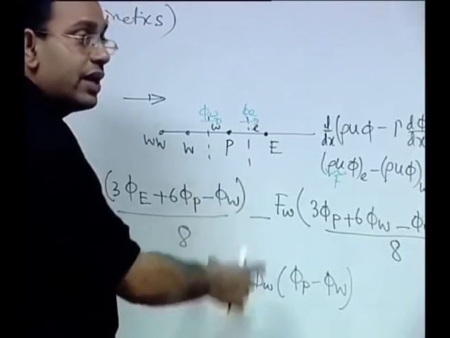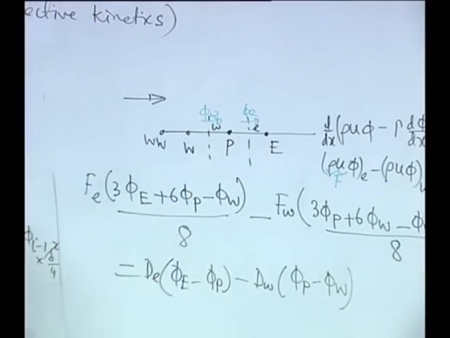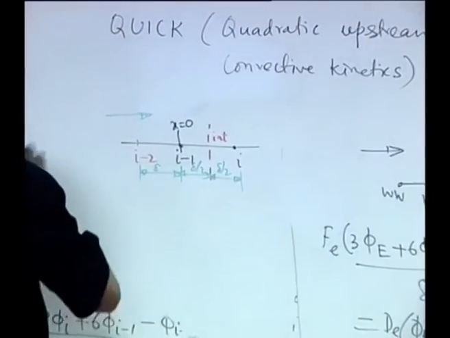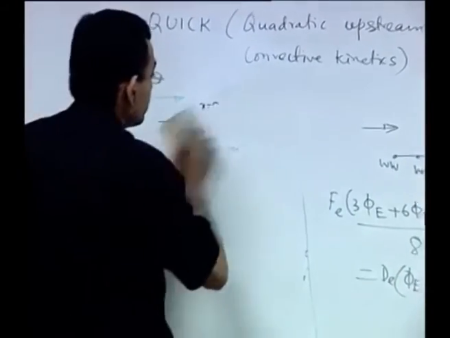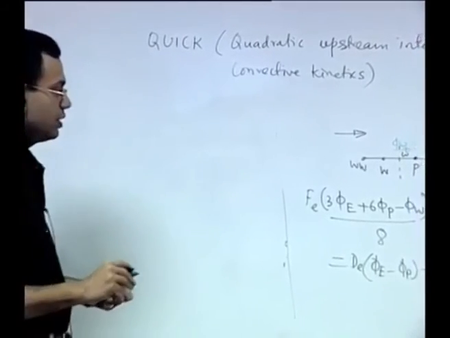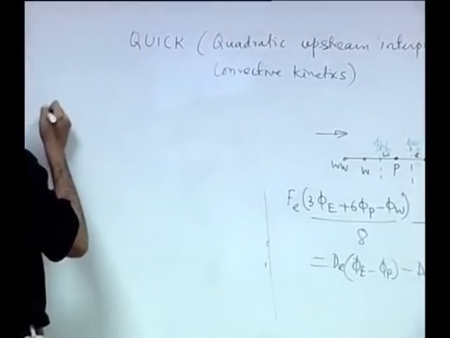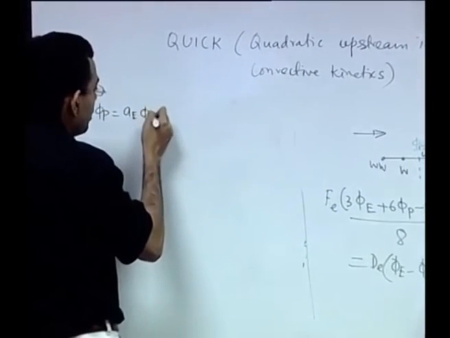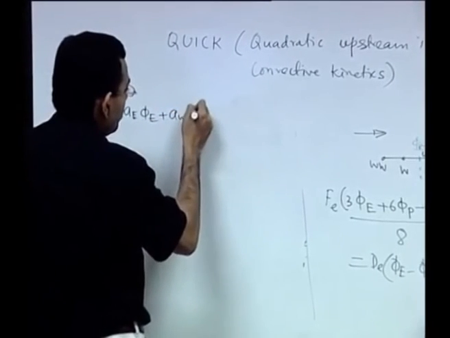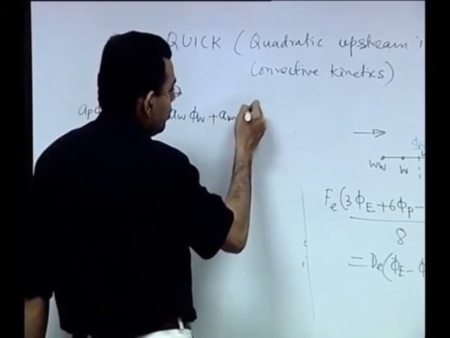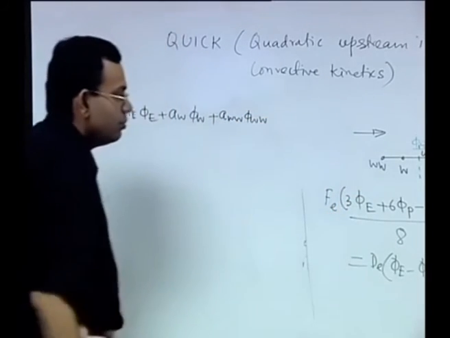So, not the same profile for the advection and the diffusion term. So, if you now assemble these terms, you will get an equation of the form AP phi p is equal to AE phi e plus AW phi w plus AWW phi WW, there is no B here.